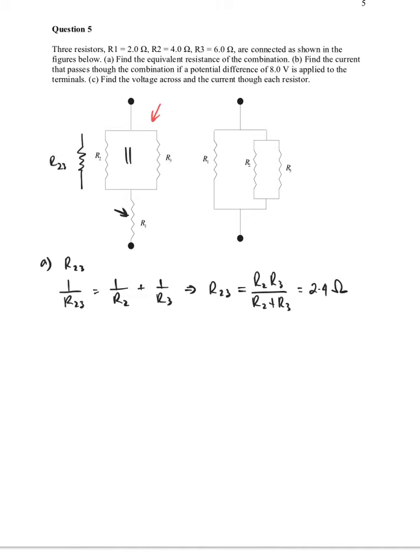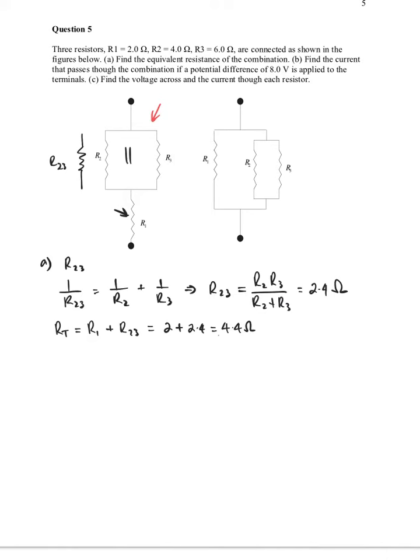Now we can replace those two resistors with one single resistor, R23. So the total resistance of the circuit is going to be R1 in series, so plus R23. R1 is 2 ohms and R23 is 2.4 ohms, so we get 4.4 ohms. We've answered the question.